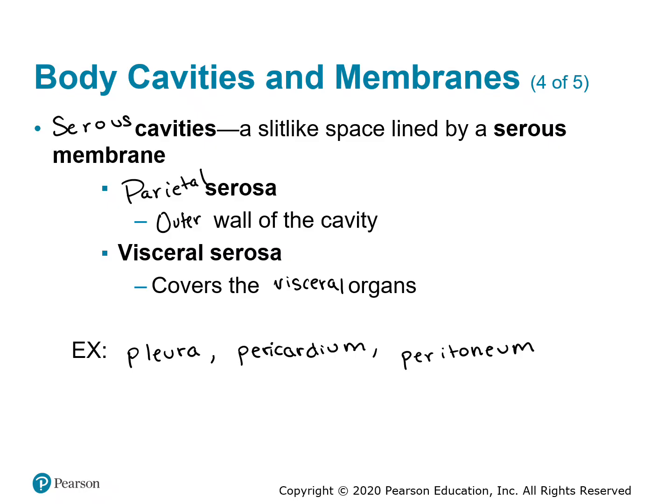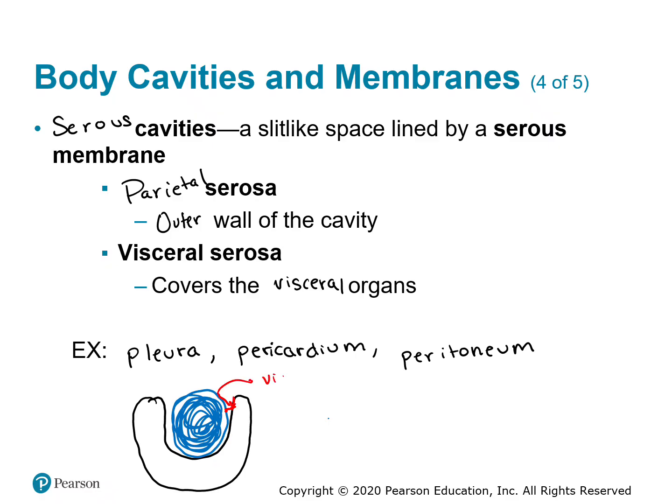So you can think of these serous membranes as a bag within a bag. Well, that's not super helpful, but let's pretend we have a ball sitting in here, right? Great, it's so pretty. So this membrane right here on the inside, the one that is directly touching the ball, that would be called the visceral serosa or visceral membrane.